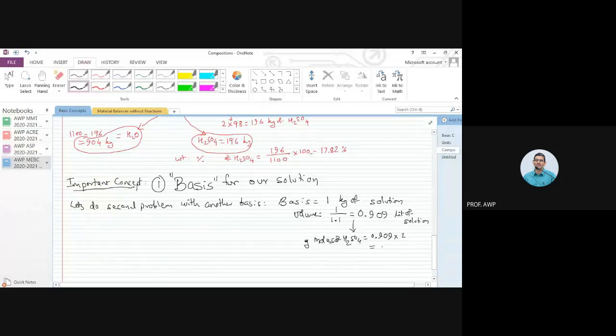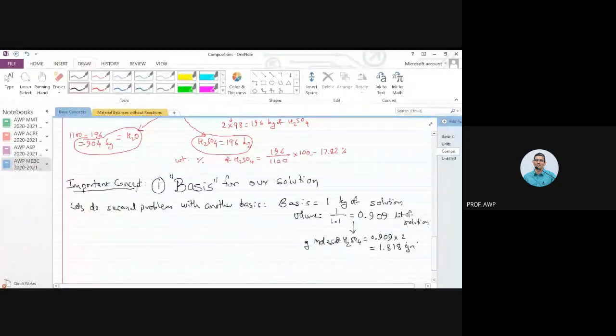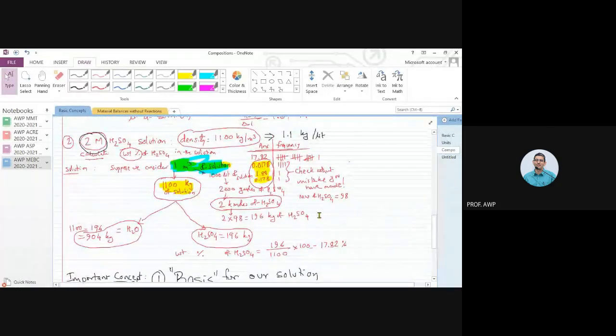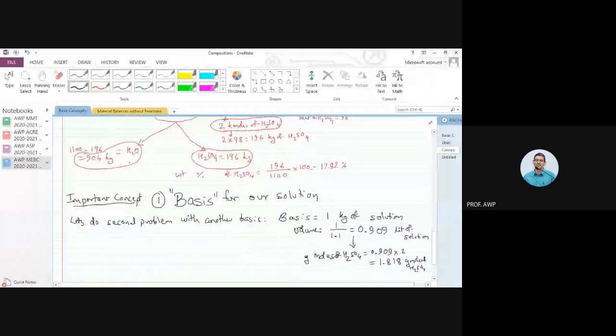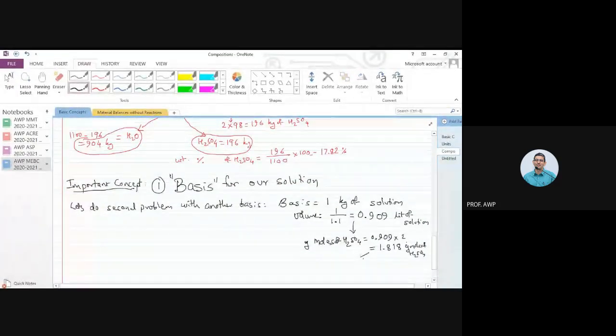That would be 1.818 gram moles of H2SO4. We want weight percent. Right? So 1.818 gram moles of the H2SO4.